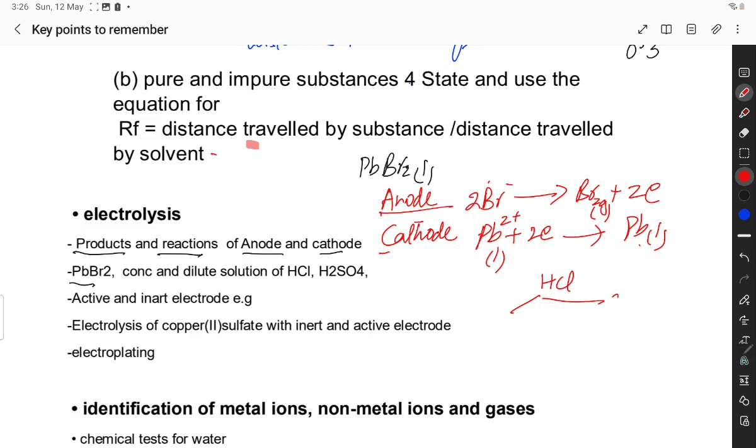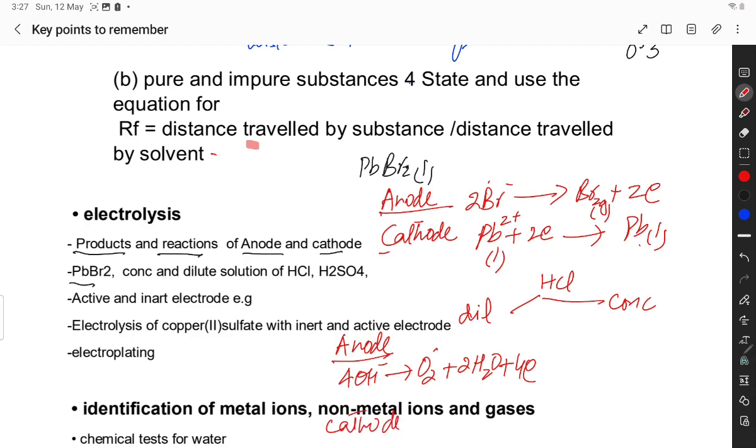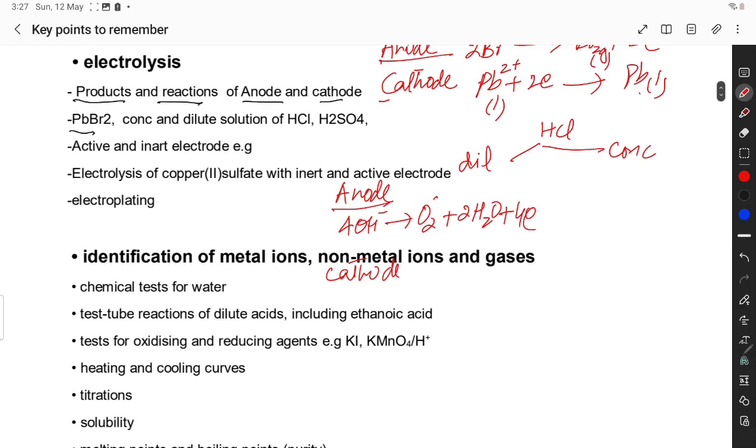Similarly, concentrated and dilute solution of HCl. In dilute, the anode reaction is 4OH negative to form oxygen gas plus water plus 4 electrons, and at the cathode, 2 hydrogen ions plus 2 electrons to form H2 gas.